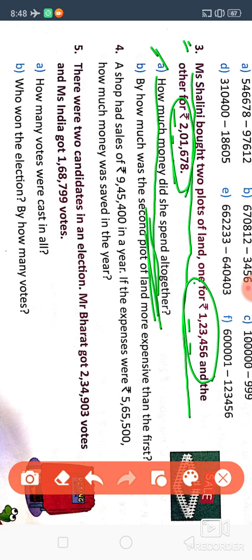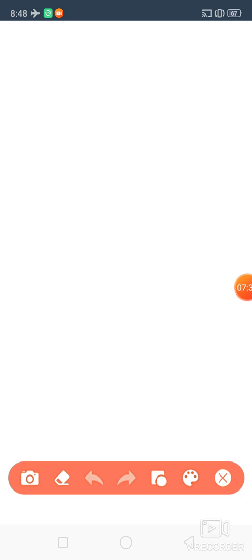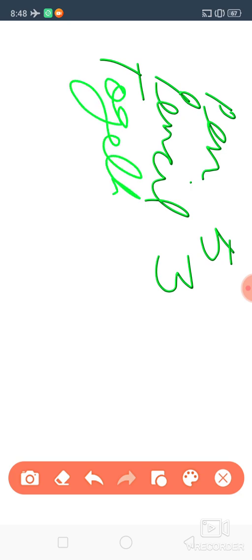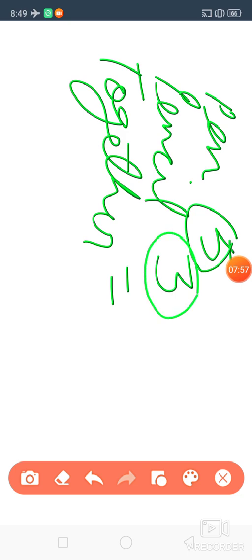Okay. So understand with one simple example. If I ask you, one pen you are buying for 5 rupees, then one pencil you are buying for 3 rupees, together how much are you spending? 5 rupees pen, 3 rupees pencil.